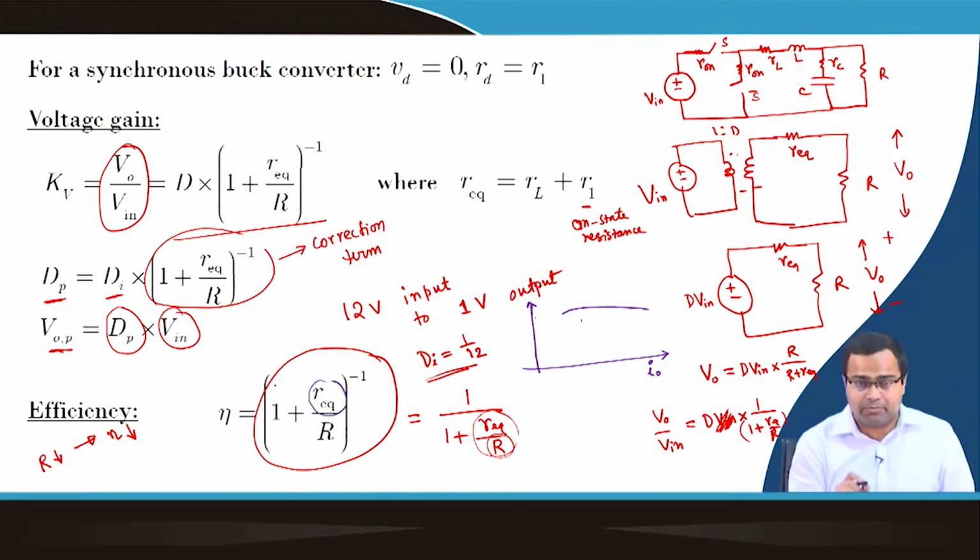But this is a DC term, we have not incorporated the ripple current. For accurate loss, we need to go for RMS current calculation, but this is just the DC equivalent.